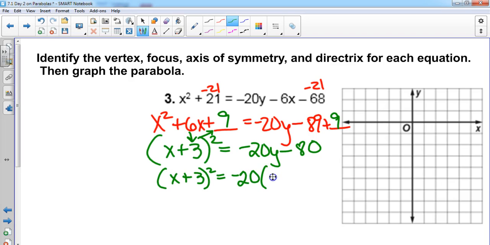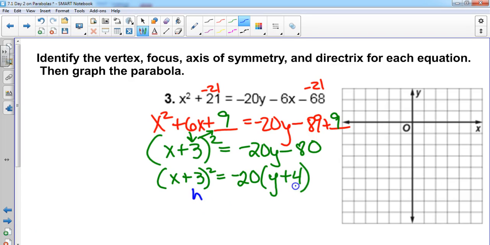And we'll have left, not minus, y plus 4. Be careful, watch your signs. Because we have to have a positive y on that side, positive 1y. So therefore we got to take out whatever's in front of it. Okay.